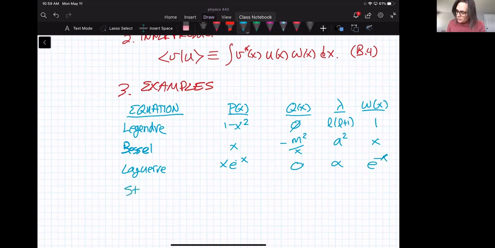Simple harmonic oscillator. I'll let you guys do this one. What's P for the simple harmonic oscillator? Zero. So P multiplies the second derivative. 1. Right, it's 1. And so Q? Negative k squared.